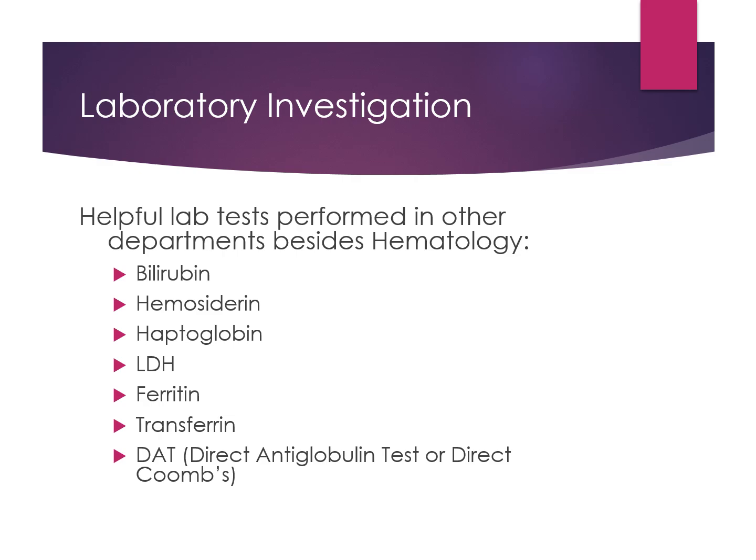So some of the other tests that can be performed by other departments aside from hematology with regard to the diagnosis of anemia are, we may go to chemistry for bilirubin, hemosiderin testing, haptoglobin testing, LDH, ferritin, transferrin, and we might also do a DAT, or a direct antiglobulin test, or direct Coombs test, in our immunohematology department or our blood bank department. So all of these tests can also aid in determining the presence of anemia and the cause of anemia.